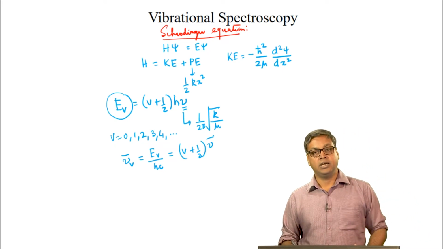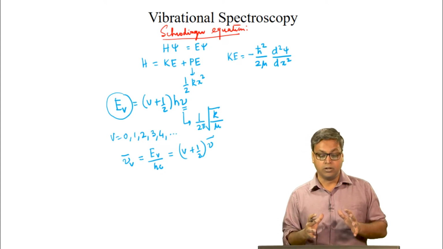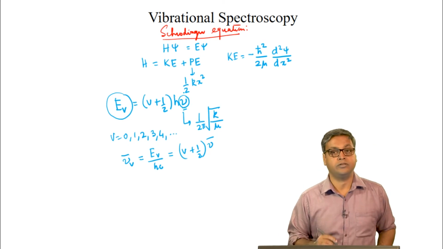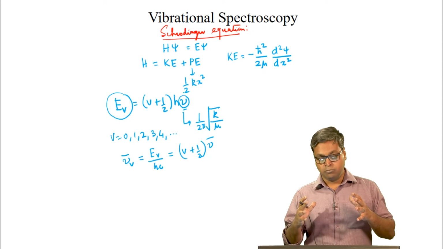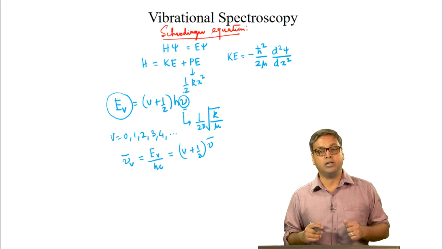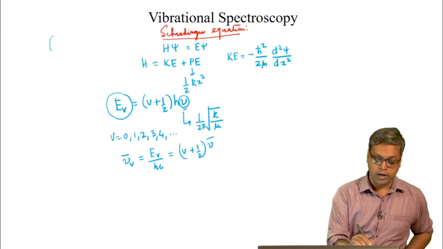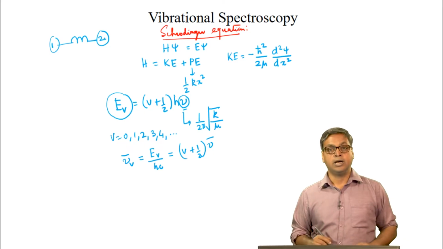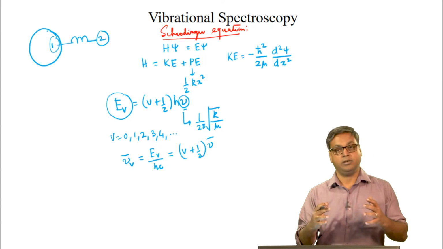As we can see, the vibrational energy depends on the reduced mass of the molecule, because it has dependency on the frequency. The dependence of the vibrational frequency on reduced mass is physically reasonable. Let us say we have two atoms connected by a spring, we have atom 1 and atom 2, and let us say the atom 1 is actually very heavy.